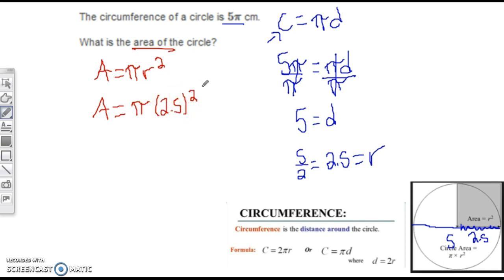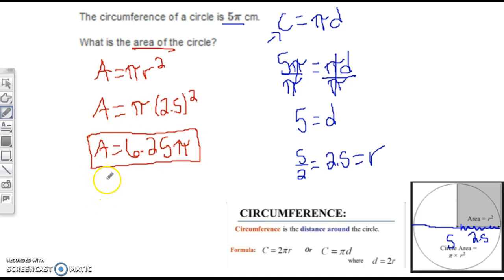Again, my question doesn't say whether to use pi or to approximate it, so I'm going to show you both answers because I don't know which one your quiz will ask for. So this is the exact answer, that's leaving pi in there. If it says use 3.14 for pi, you would just substitute that in to get an approximate answer.